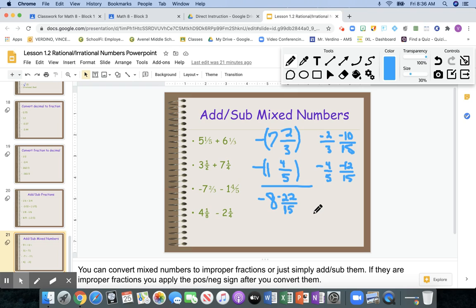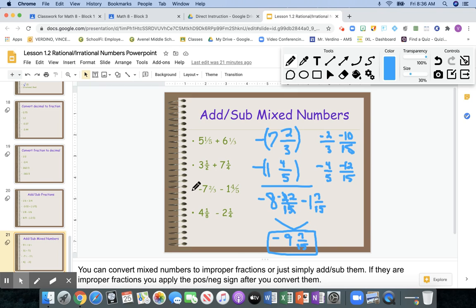So that becomes negative 1 and 7/15. I still have this negative 8 here, and I have a negative 1 and 7/15. For a final answer, I'm going to have negative 9 and 7/15. And I can't simplify this any further.